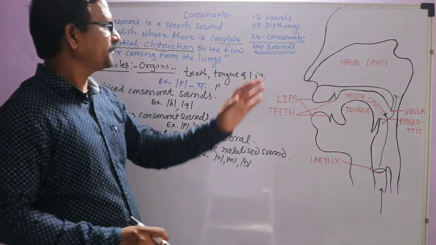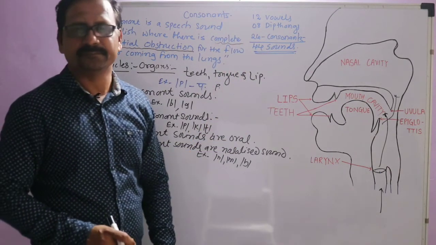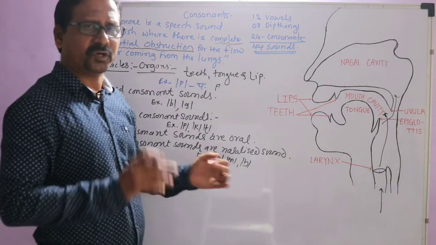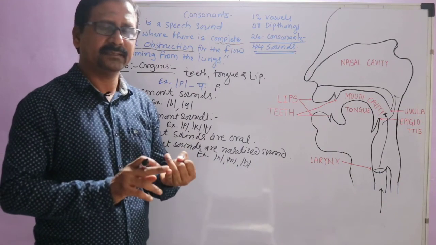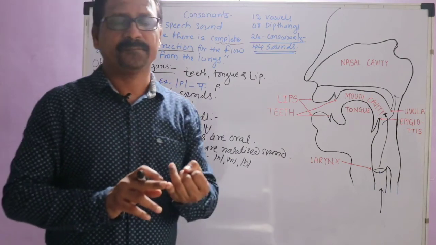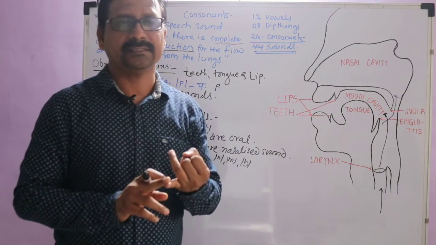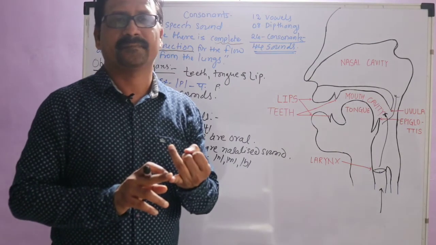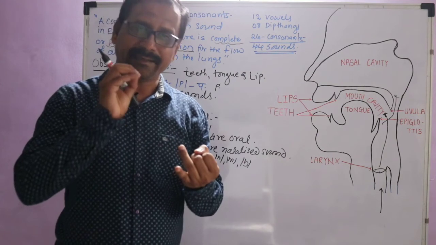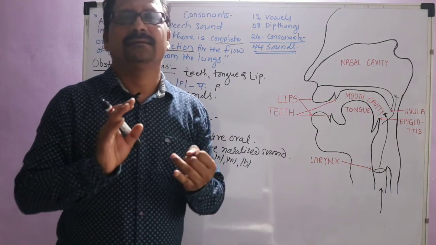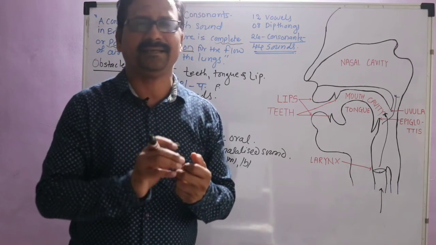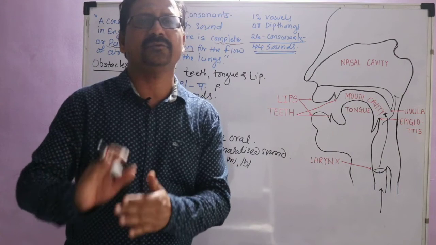So friends, as far as the consonants are concerned, all this information is very important. When we produce any kind of consonant, we know that we have 24 consonants. While producing any kind of consonant, there is a disturbance by some organs, such as teeth, tongue, and lips. They always disturb the air from going out freely.